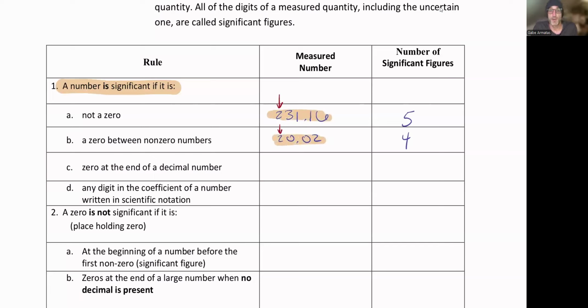All right, the zero at the end of a decimal number. So if I were to write some number like 2.200, again, the same idea, find that first significant figure, that one and everything after it, all of those are considered significant. Why are those zeros there if they're not important, right?